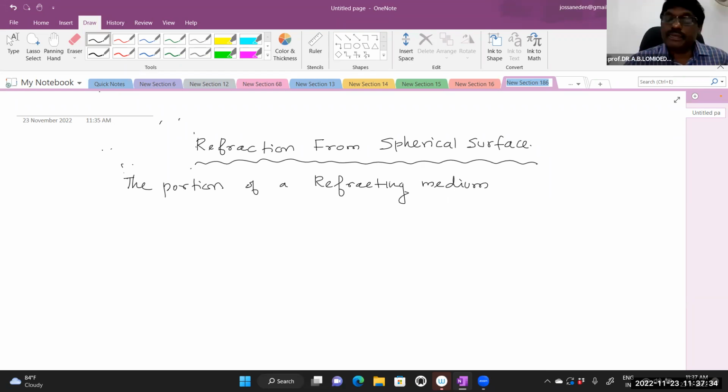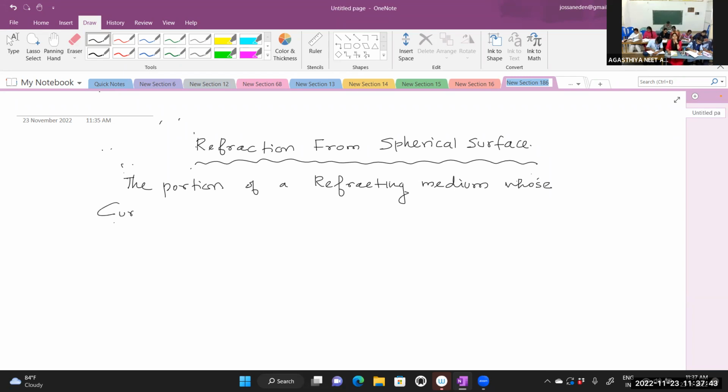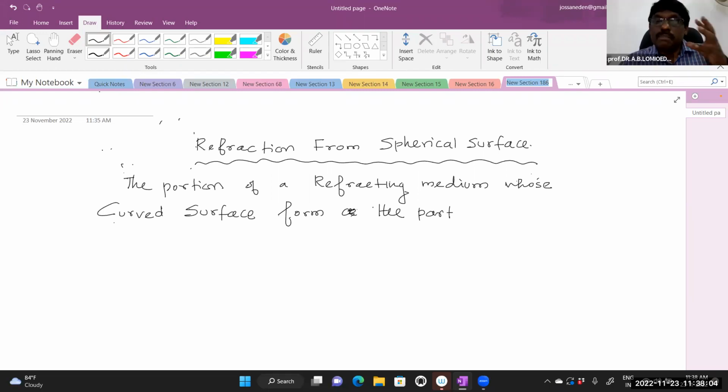A portion of refracting medium whose curved surface is a part of the sphere.